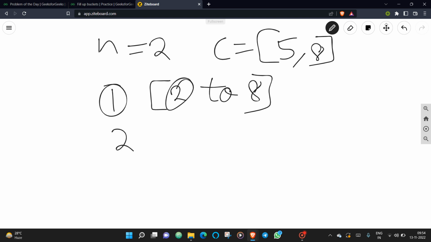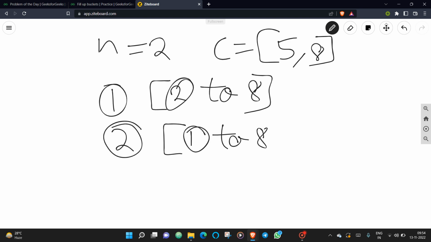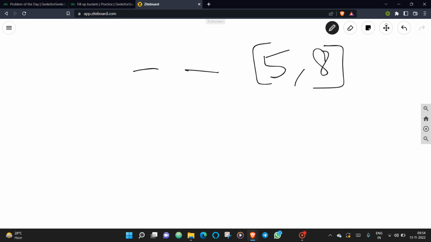If bucket 1 contains 2, my bucket 2 should contain 1 to 8, except 2.